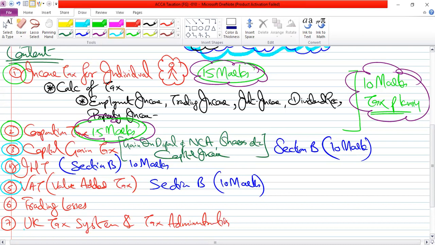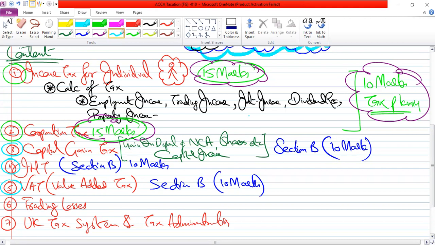And for the other areas and topics, there are many topics in corporation tax and many topics in individual tax. It's possible that the examiner will ask how to compute tax for a sole trader in a 15 mark question, and he can give you MCQs on how to compute employment income and tax on employment income. So MCQs will be from any area of the syllabus.